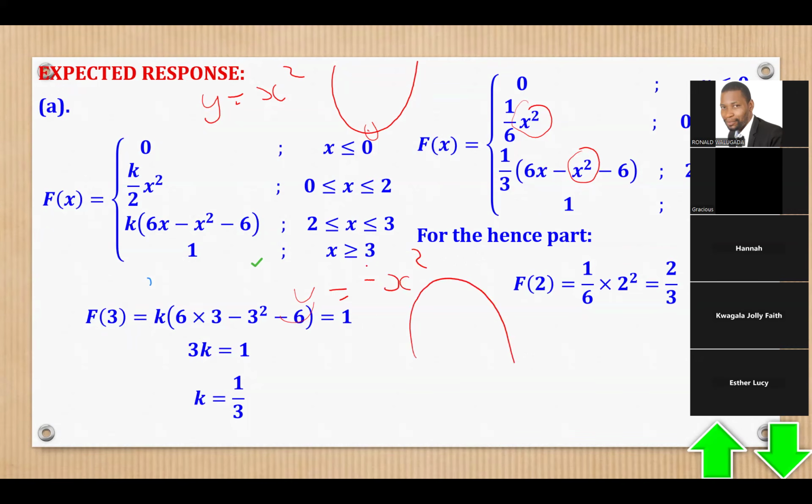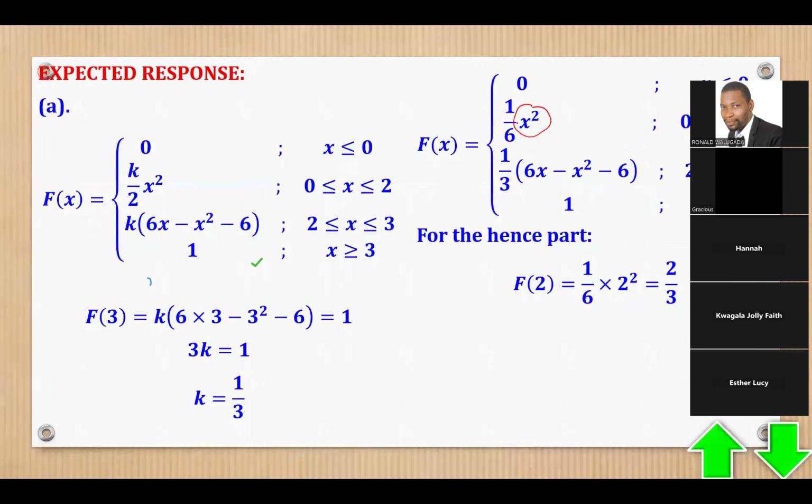Reason: the coefficient of x squared is negative. Here it had a minimum. Reason: the coefficient of x squared is positive. So that is the knowledge you're going to use in this case also. Because it is squared, it is a curve. But also because the coefficient of x squared is positive, it must be in this form.